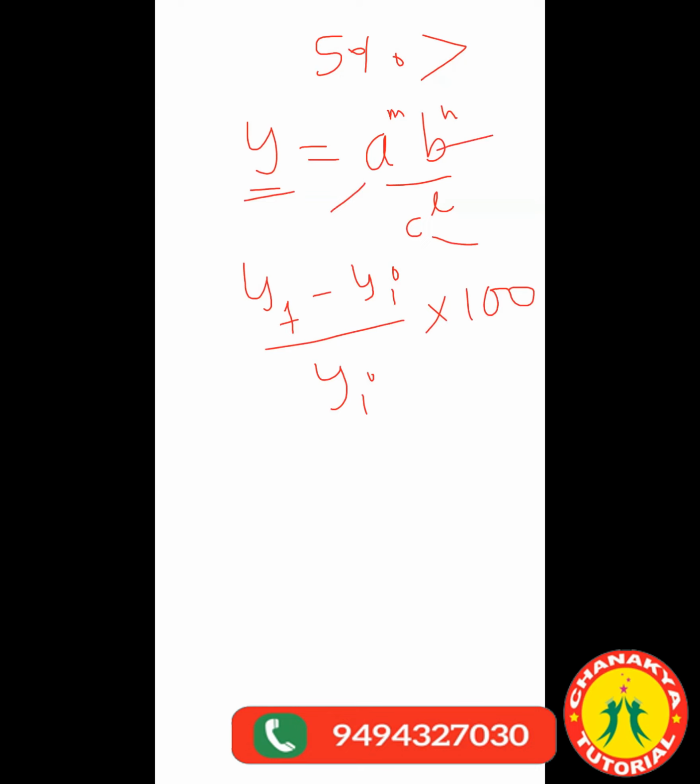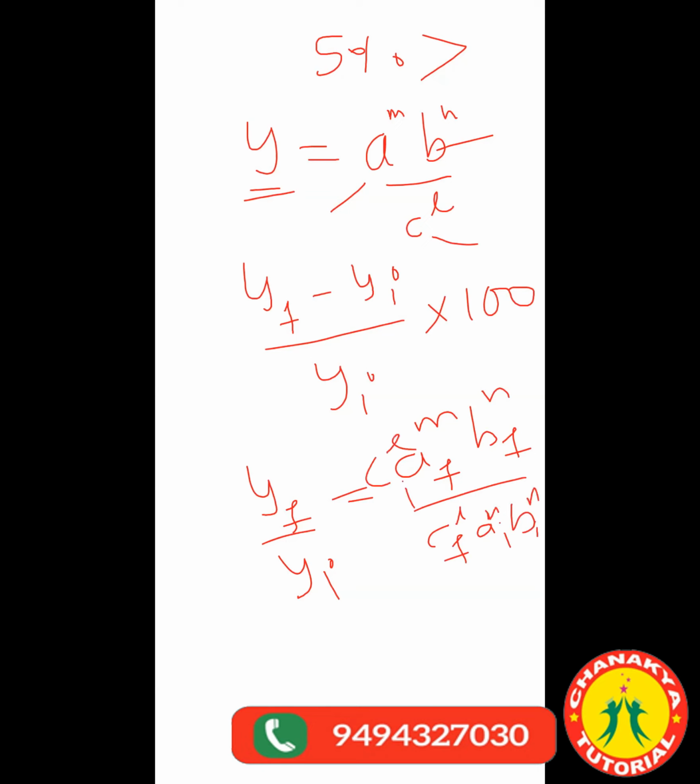Then you consider y final by y initial: a final to the power m, b final to the power n, divided by c final to the power l, over a initial, b initial with m, n, and c initial with l.